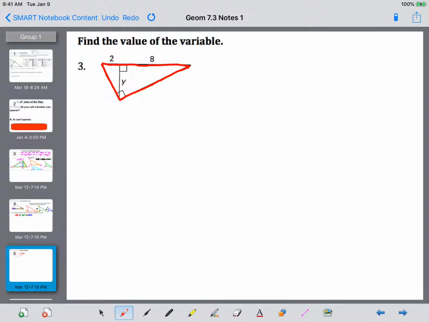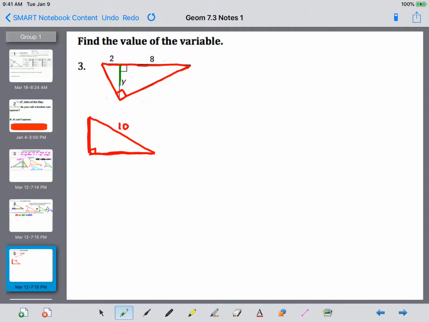Step 1 is to draw the outer triangle. Here's the first triangle. Here's the right angle right there. I don't know how long this side is, I don't know how long the other leg is, but I do know the hypotenuse is 2 plus 8, so that's 10 units long.